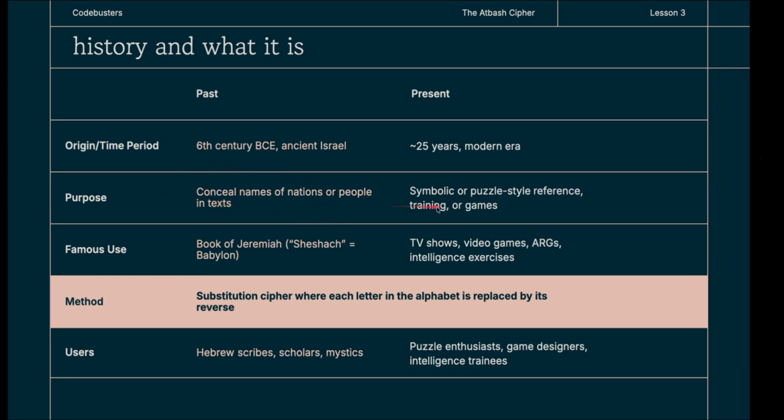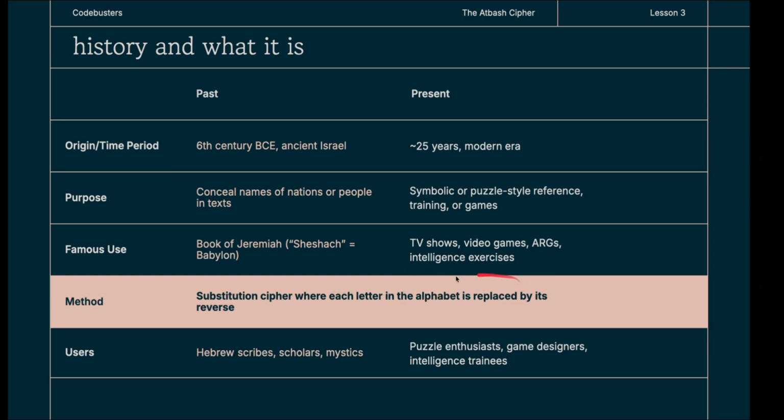Its present use is a little less serious, symbolic, or puzzle style reference, like training or games. Its most famous use is in the book of Jeremiah, where Sheshach decodes to Babylon. Its most famous present uses are TV shows, video games, augmented reality games, and intelligence exercises.